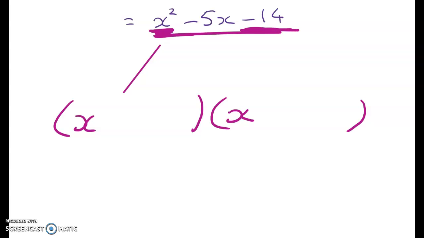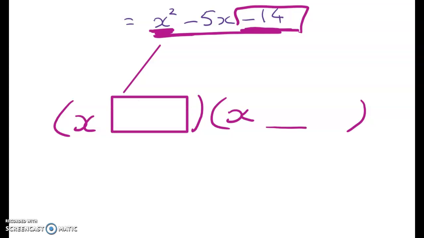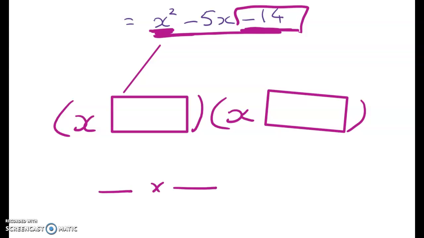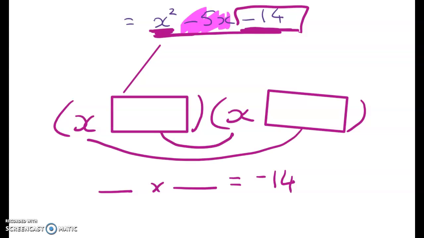We know that this negative 14 is coming from this and this. So what I'm looking for here are two numbers that are going to multiply to give me negative 14. And this middle term, the minus 5x, has to come from the two like terms, so this one and this one.